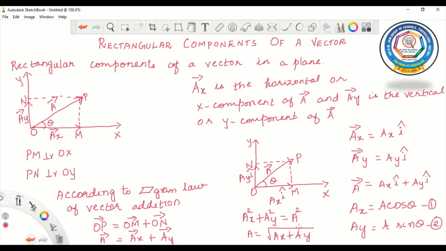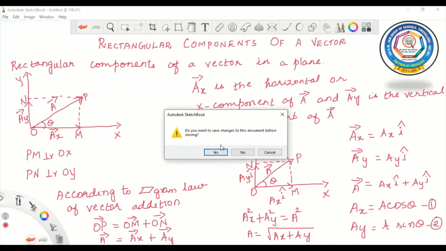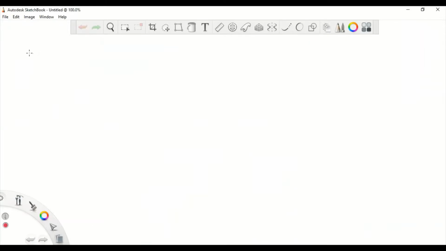Similarly, we can also find tan theta. That is, we are going to divide equation 2 by 1. So let me write it here, children. Remember these two: AX is equal to A cos theta and AY is equal to A sin theta.